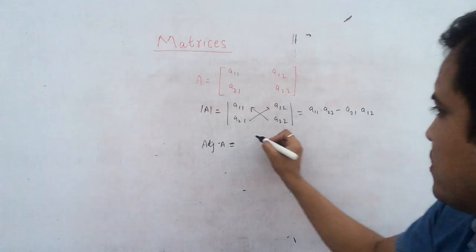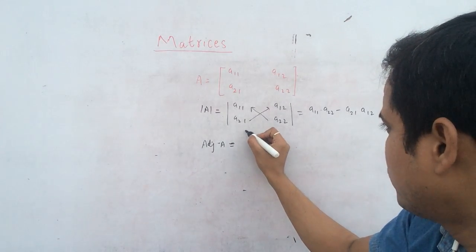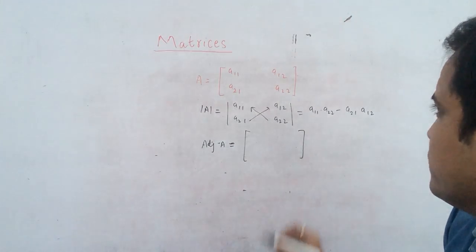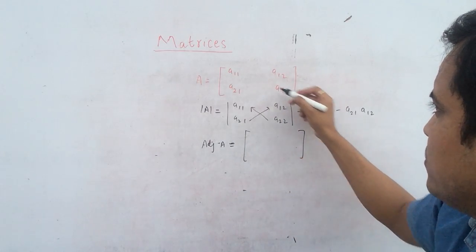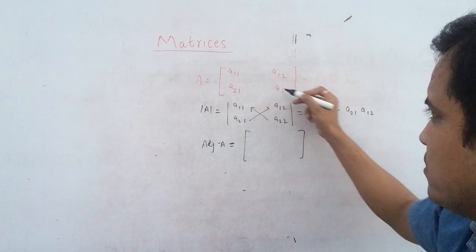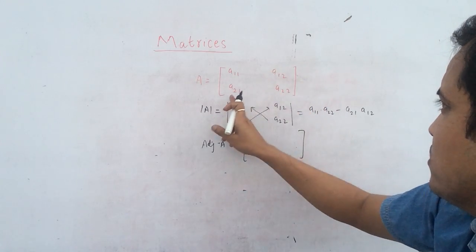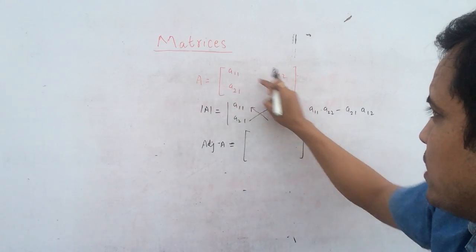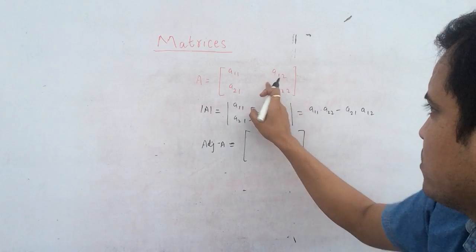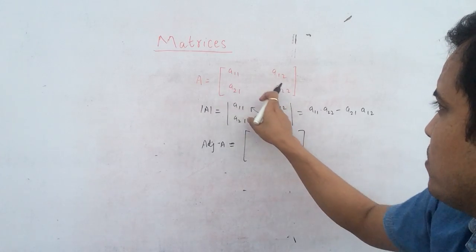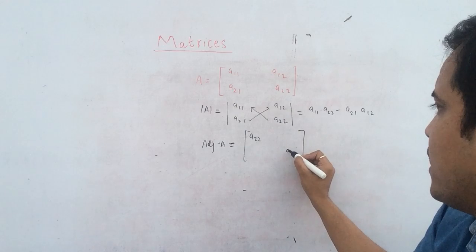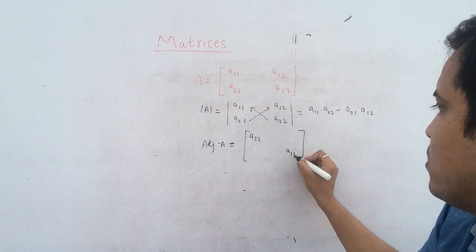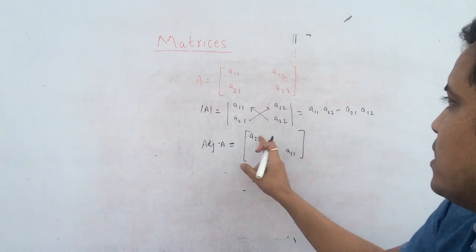The adjoint of a 2 cross 2 matrix you can find in a quick way. You need to exchange the left diagonal and change the sign of the right diagonal. This is called the left diagonal, this is called the right diagonal. Exchange the left diagonal, that means A11 becomes A22 here and A22 becomes A11 here.